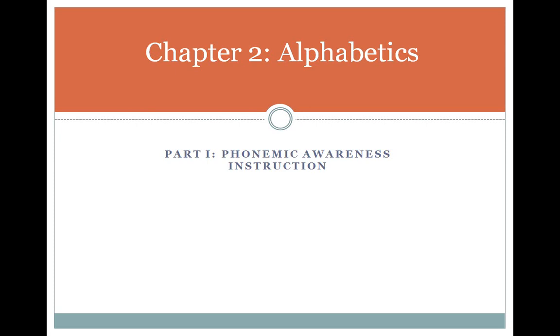That's Chapter 1, an overview of Chapter 1. And now let me talk about a preview of Chapter 2, which you will be reading for next time. You're going to read Chapter 2, Alphabetics, and just Part 1, Phonemic Awareness Instruction. Let me warn you before you even start reading that this is a very, very redundant chapter. It's got a lot of obscure and somewhat obtuse sentences in it.